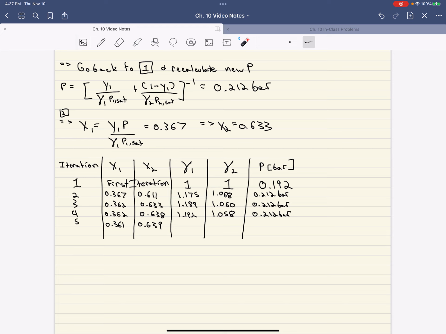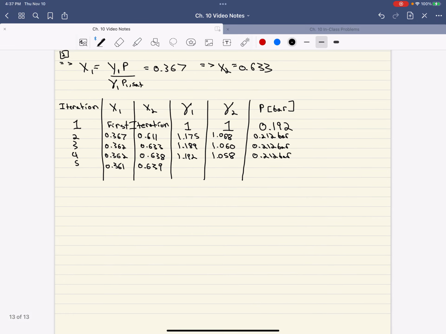And so, depending on what your tolerance is, at this point, we could say, all right, our answers have converged. And so, from hand iteration, we could estimate that our P dew is equal to 0.212 bar, and x1 dew is equal to 0.361.